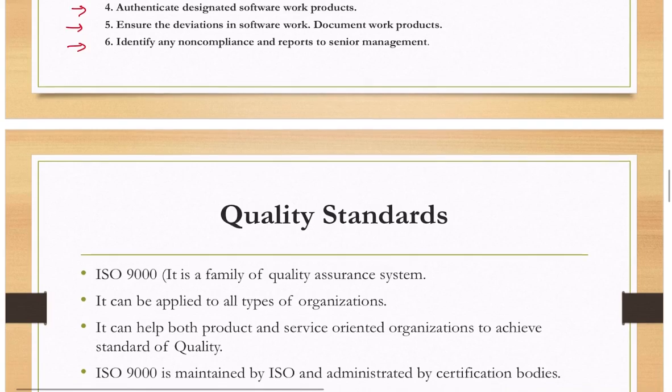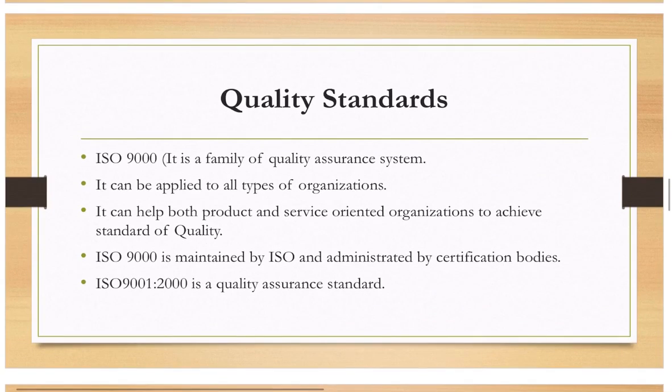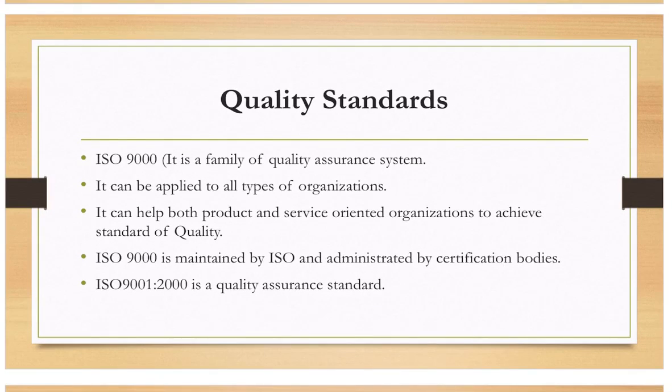Now, next is quality standards. What are quality standards? They are developed by SQM, for example, ISO 9000 is a software quality standard. ISO stands for International Organization for Standardization, right?